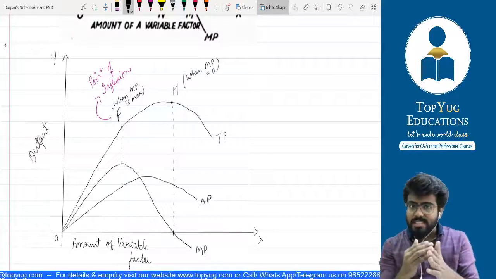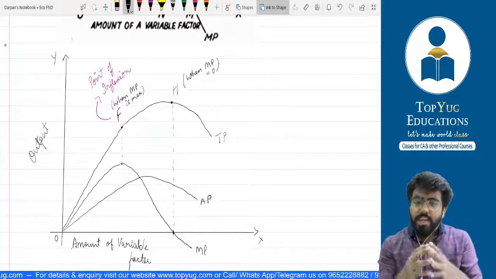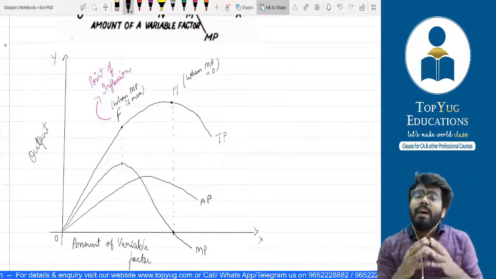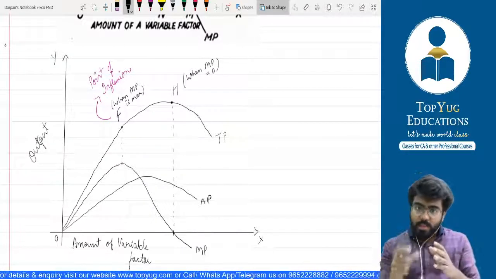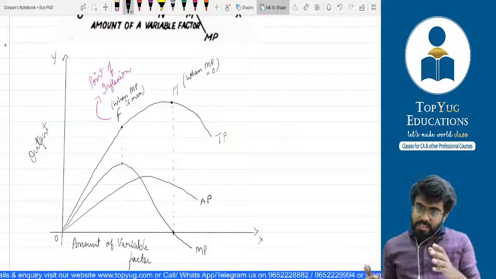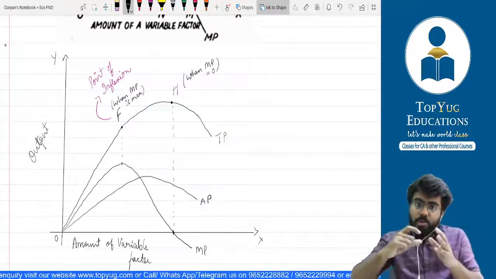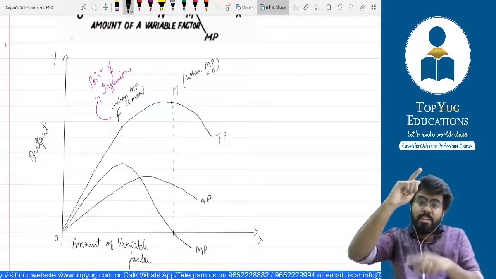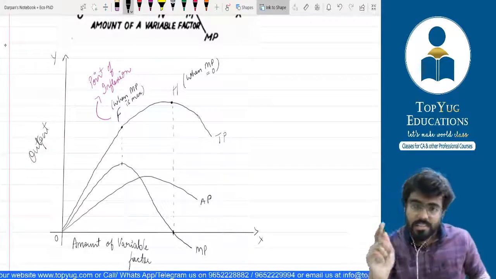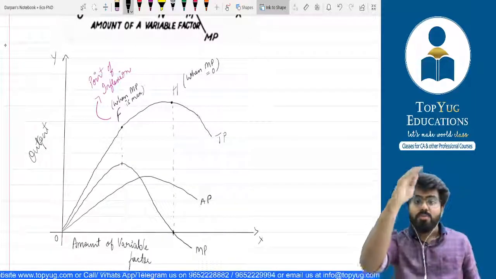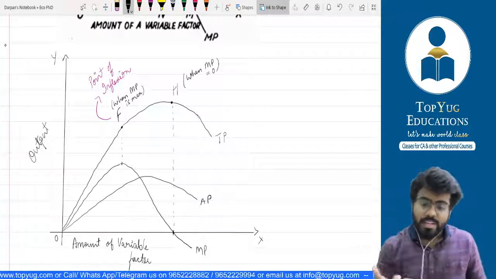Why? Because MP is decreasing. Right? After that, what will happen? When MP touches 0 and it turns negative, when it touches 0, TP will be at maximum. When it turns negative, it will start to decrease. Whenever MP is negative, obviously total product will start to decrease.